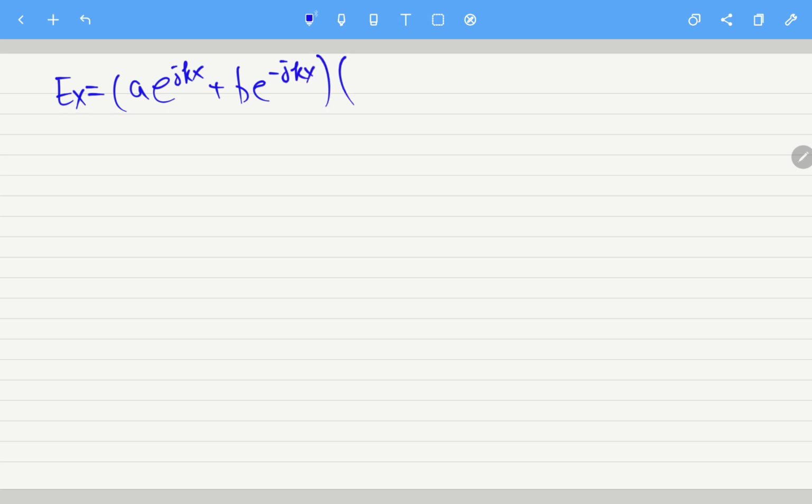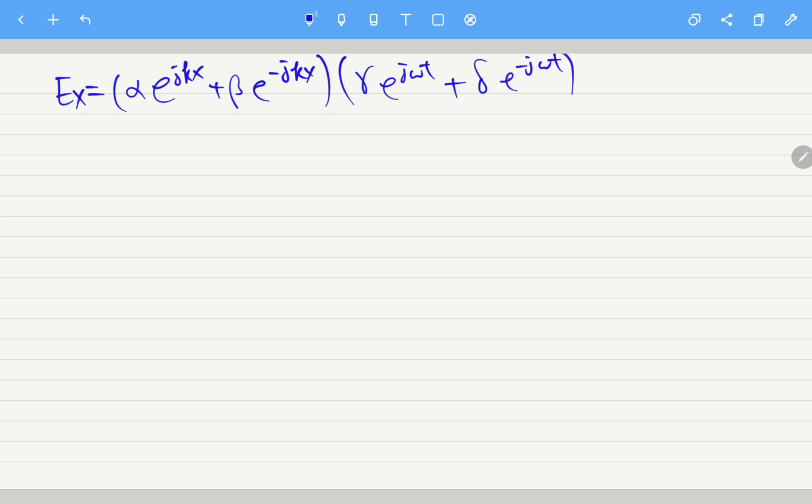And maybe a b c d is not very good because c is the speed of light. Maybe I use alpha, beta, gamma, exponential to j omega t plus delta, negative j omega t.